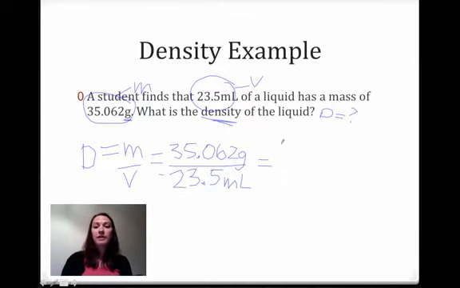Our answer is going to be 1.492 grams per milliliter. Remember that this is going to be your unit, grams per milliliter. All right, so that means that liquid has a density that's greater than water. So this would actually sink in water. Awesome.